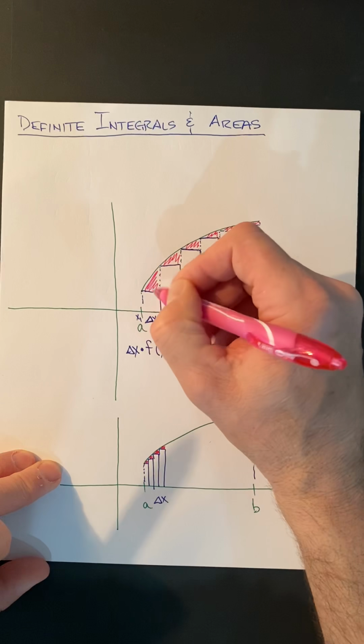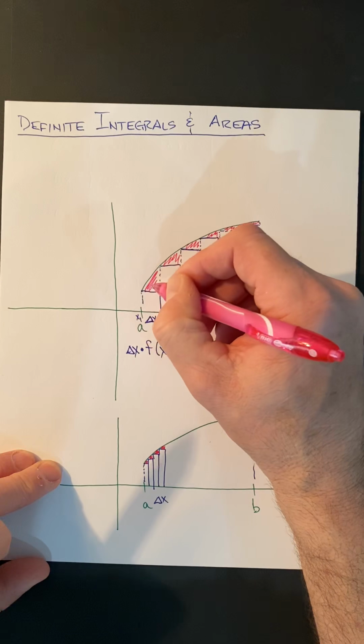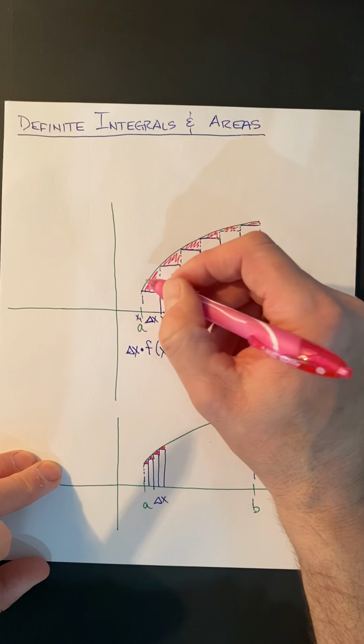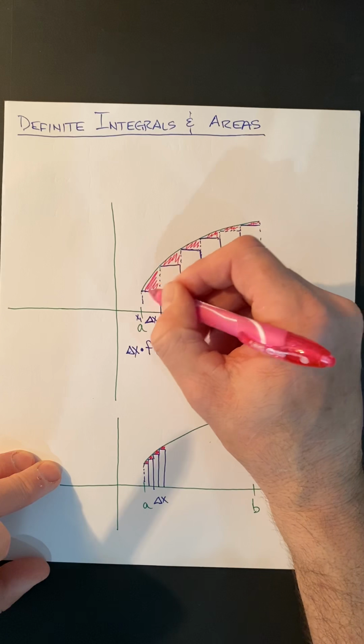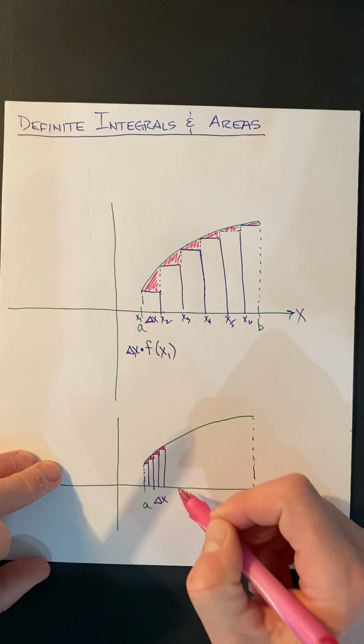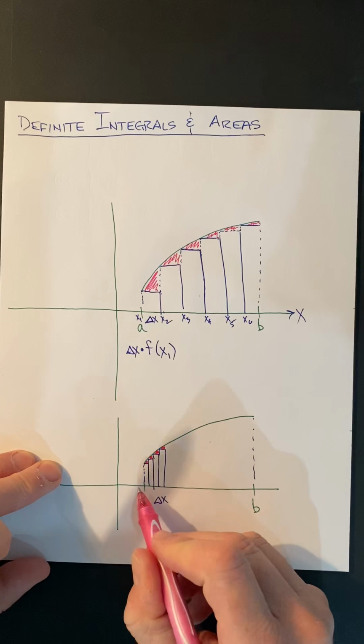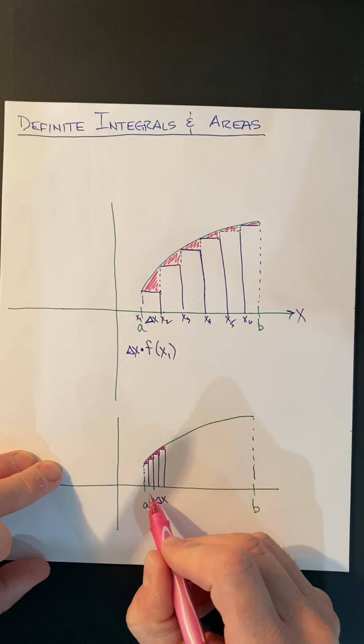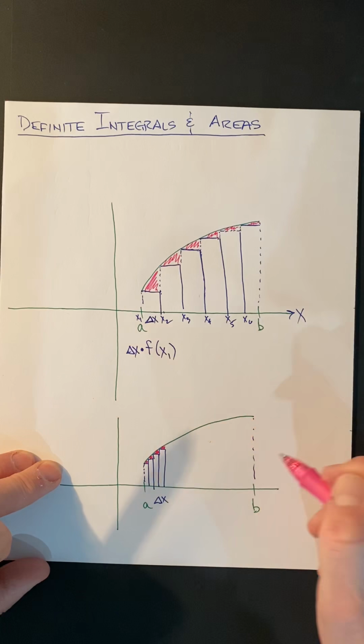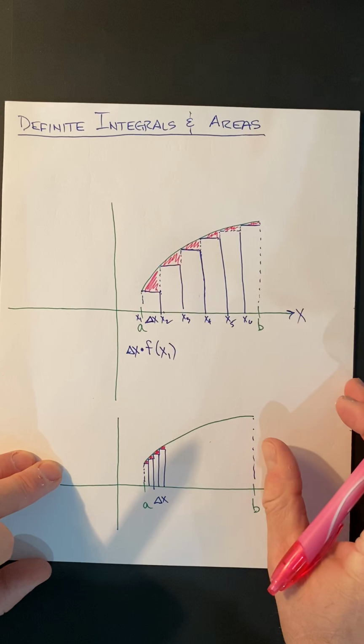I'm much closer to the curve, right? I'm losing less of an area here. So I'm getting a better idea by increasing the number of samples that I take, okay?